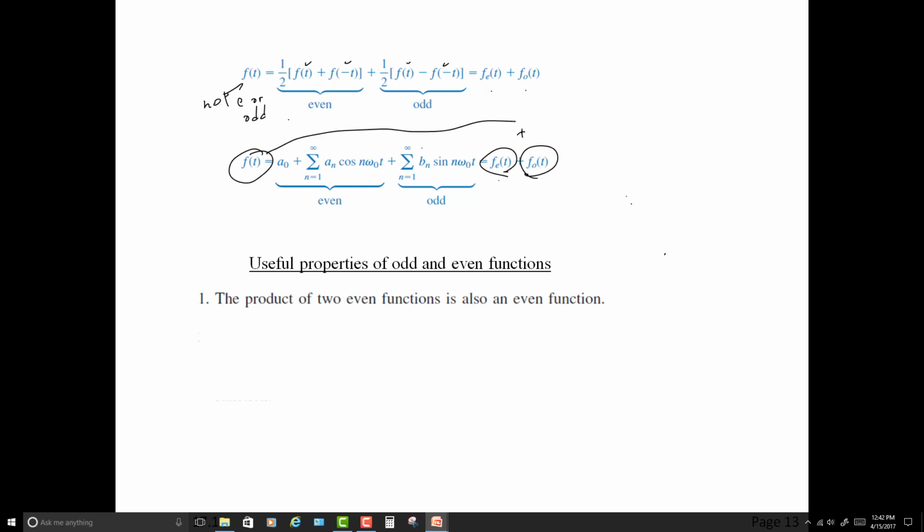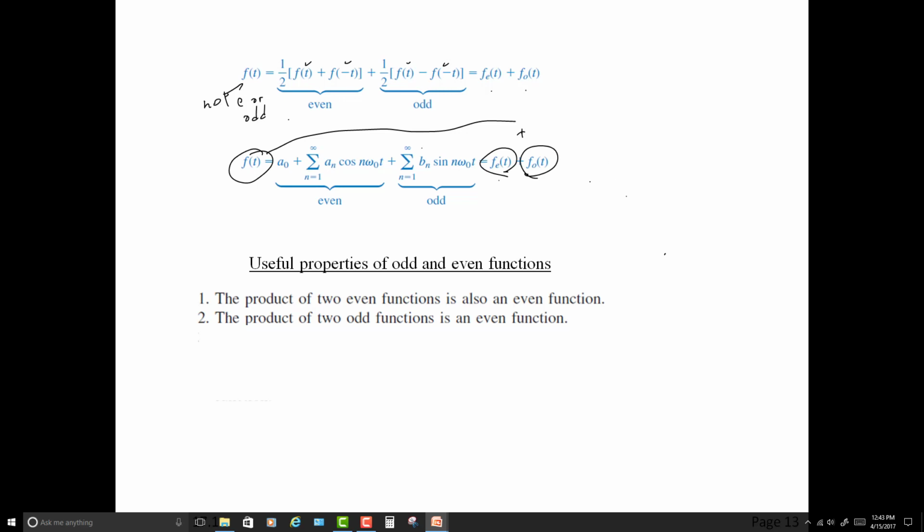It's a simple sanity check. Same thing is going on with even functions. If I multiply two even functions, I get an even function. The product of two odd functions is an even function. Ooh, now that's not the same as numbers. If I multiply 3 times 5, I get 15.